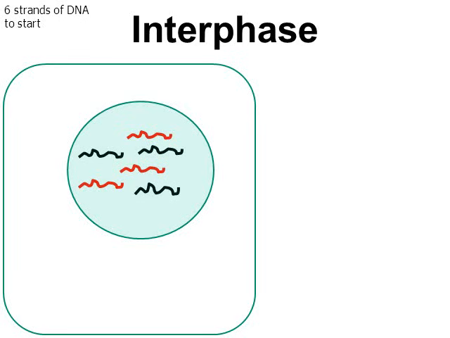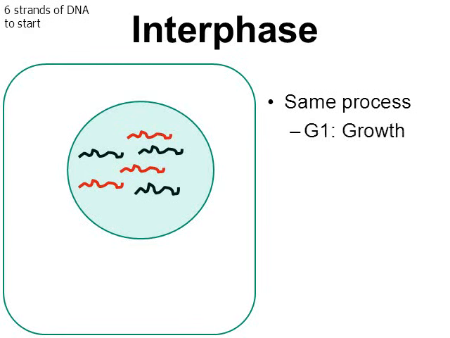Well, let's go through the stages of interphase. In my previous video, I also explained the steps of interphase, and it's the same process. I mentioned in the previous video that interphase is subdivided into 3 categories. Subcategory number 1 is called the G1 stage. The cell grows, and it makes sense.